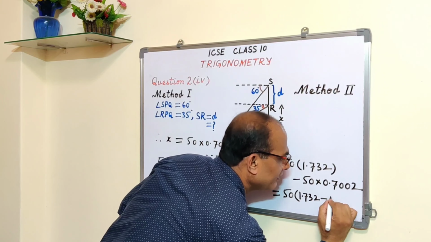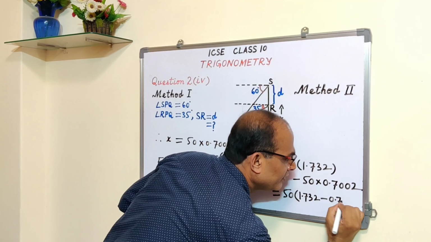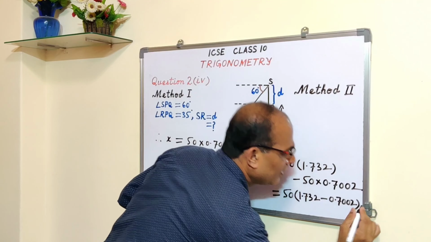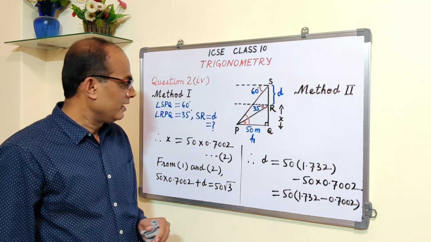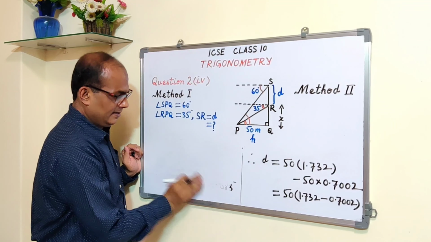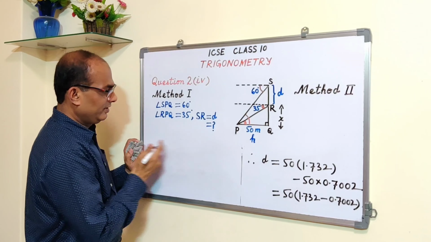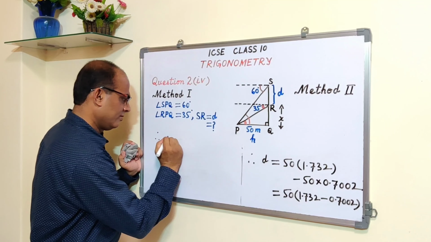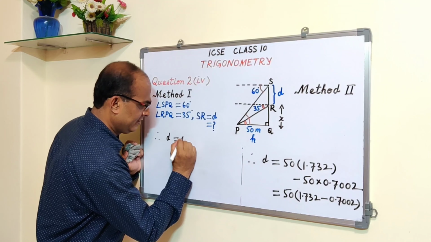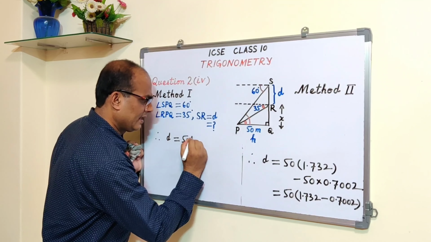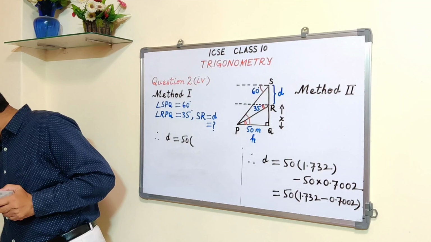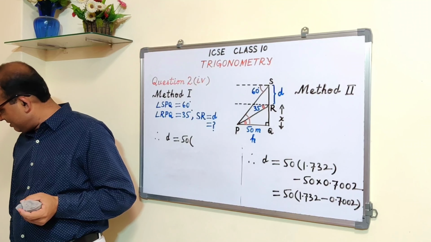1.732 minus 0.7002. Alright. After that, we get, so therefore d is equal to 50 as it is, and we subtract this 1.732 and 0.7002.